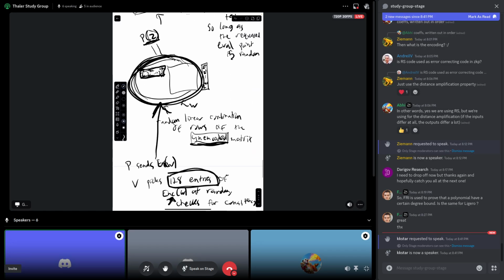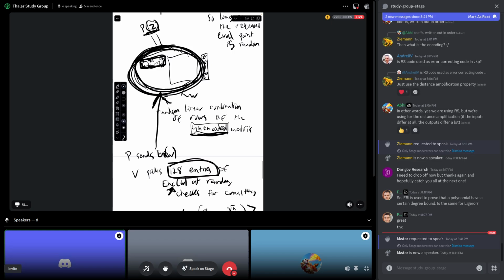Now when I say the prover sends this unencoded thing, the left vector times the matrix, if I call that W, now the testing phase and this thing are identical. The prover sends W and the verifier computes the encoding of W on its own.